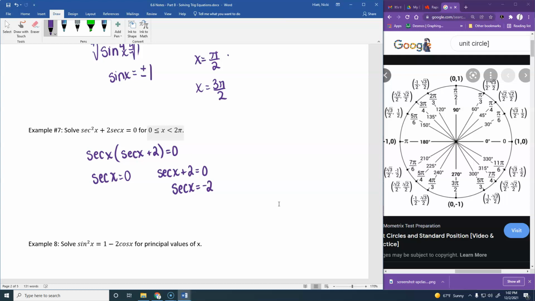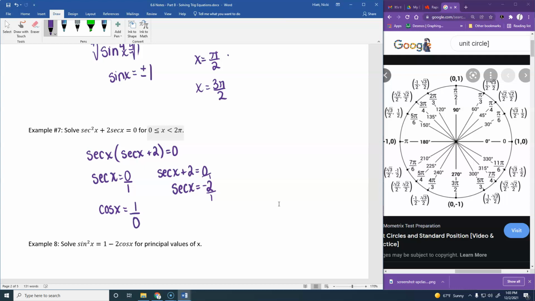Now, I don't know anything on the unit circle about secants, right? So let's think about this. This is 0 over 1, right? So if I change this to cosine, then I would have to flip what I have here, which is undefined.